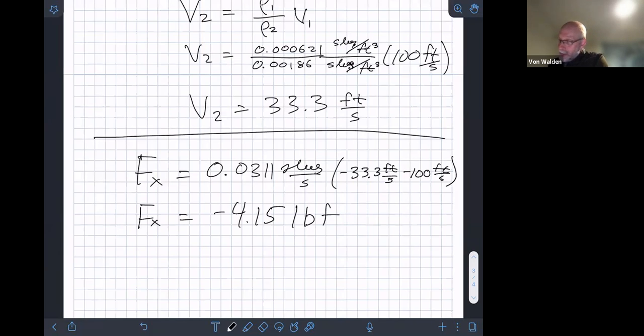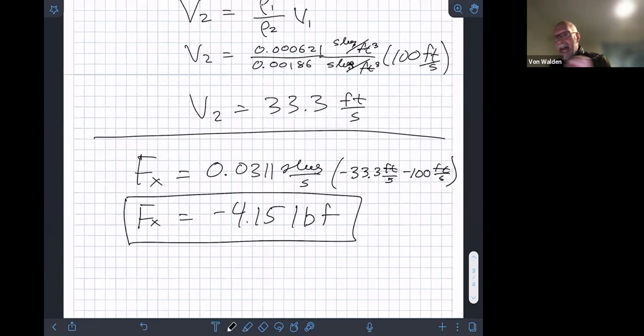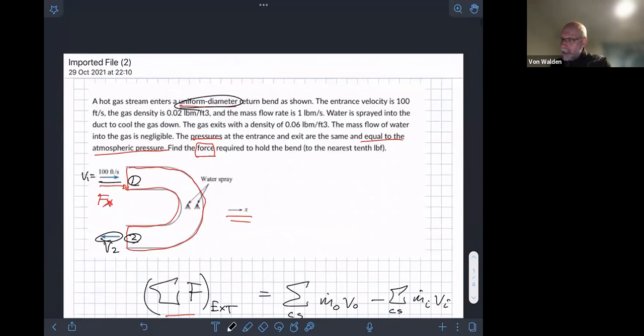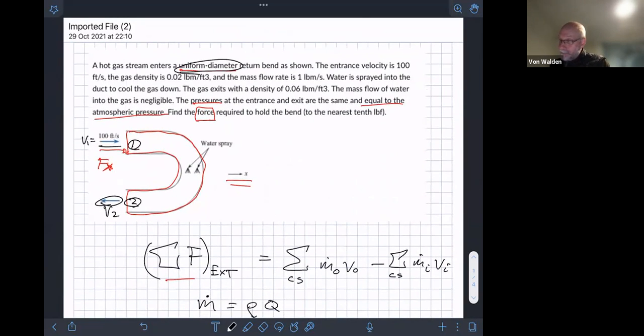And the force on the bracket, in order to keep the bracket in place, you have to have this force in the negative direction, because the gas is pushing basically in this direction on the bracket.